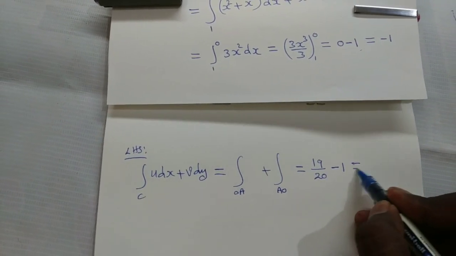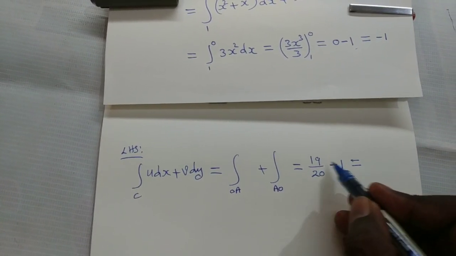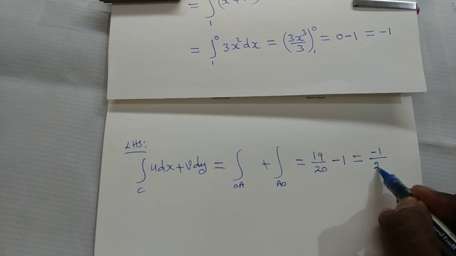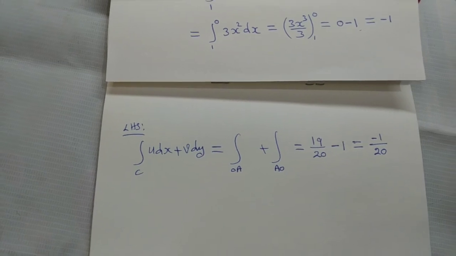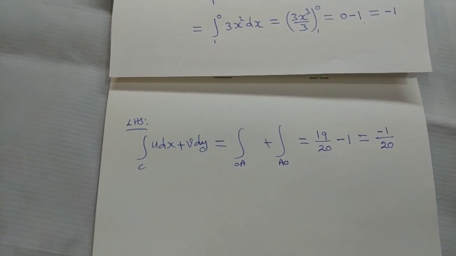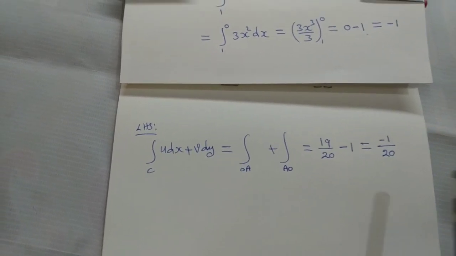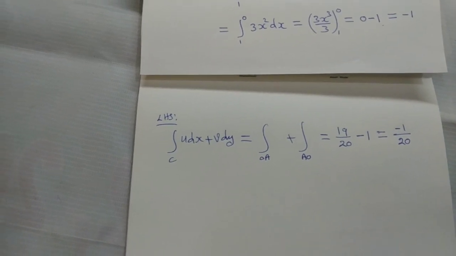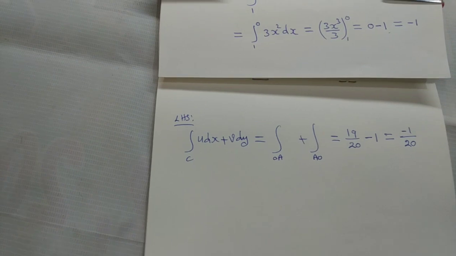So simplify this: minus 20 plus 19, so minus 1 by 20. So this is the LHS of Green's theorem. So the LHS of Green's theorem is minus 1 by 20. So next I want to find the RHS of Green's theorem. So what is the RHS?